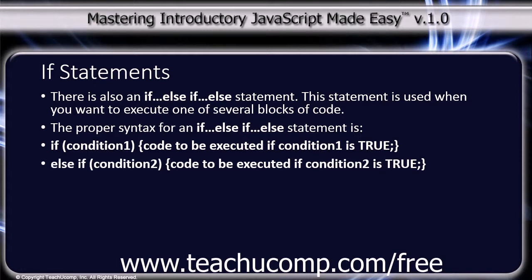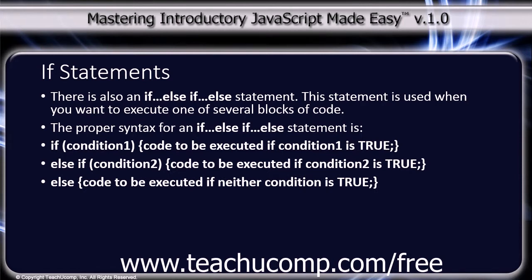And then we have else if, and the condition 2 to be tested contained in parentheses, followed by the code if condition 2 is true contained in the open and closed curly brackets. And finally, else, followed by the open curly brackets and the code to be executed if neither of the conditions is true, followed by the closed curly brackets.